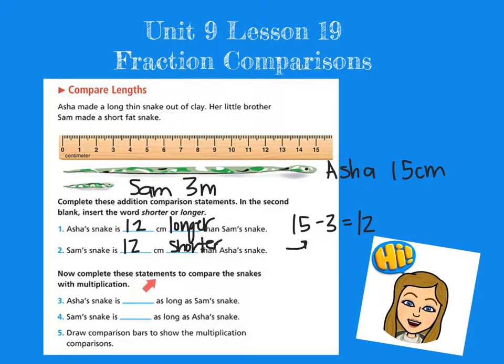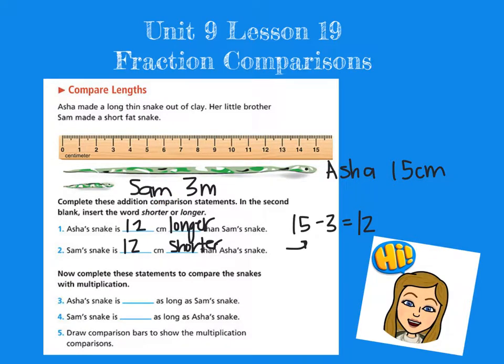Now we're going to complete these statements to compare the snakes with multiplication instead. So first, Asha's snake is blank as long as Sam's snake. In other words, Asha's snake is how many times as long? So if Asha's snake is 15, Sam's is only 3 centimeters.